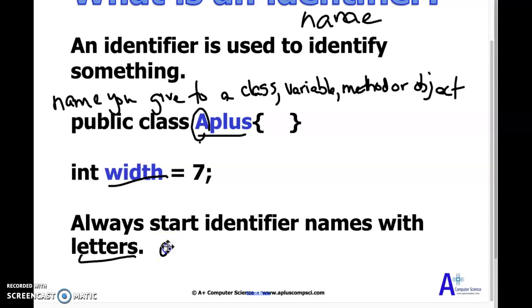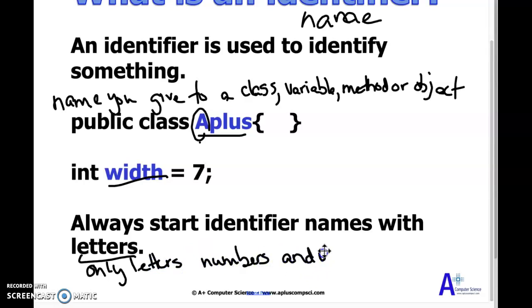We'll talk about style next. So an identifier must always start with a letter, and cannot use anything but letters, numbers, and underscore.